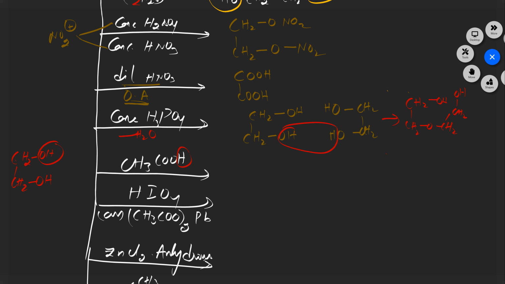Alcohols can act as acids as well as bases. It depends upon the other molecule reacting with the alcohol. So when it releases H plus, that means acid, the alcohol acts as a base. It releases OH minus and there is loss of water. Here one water molecule is lost. Here one more water molecule is lost.